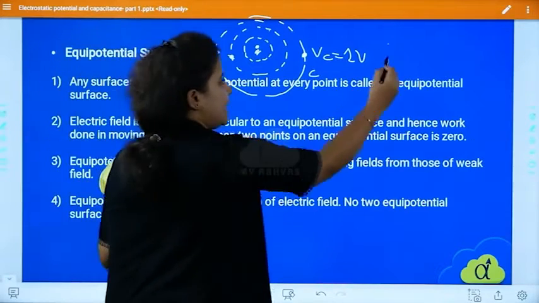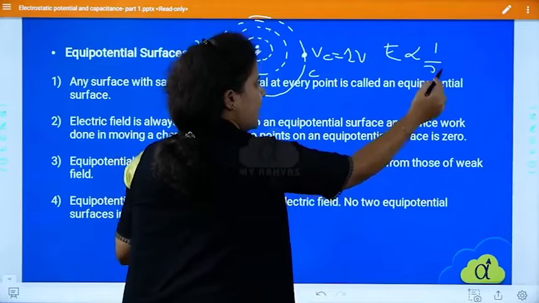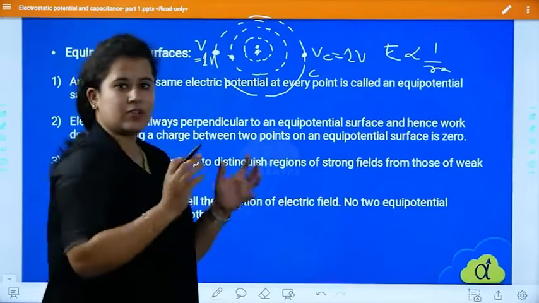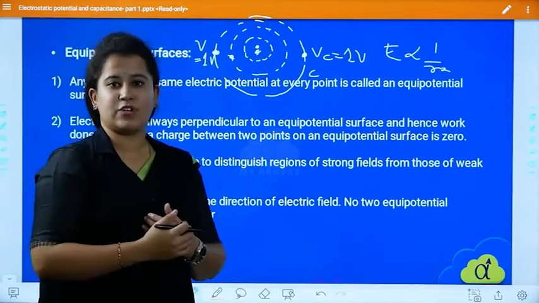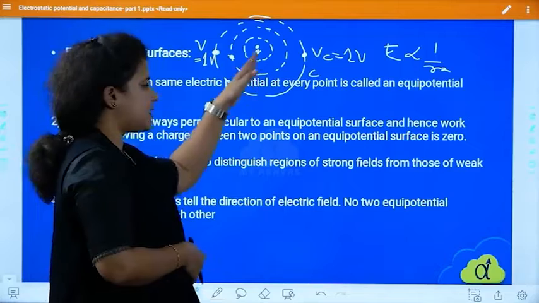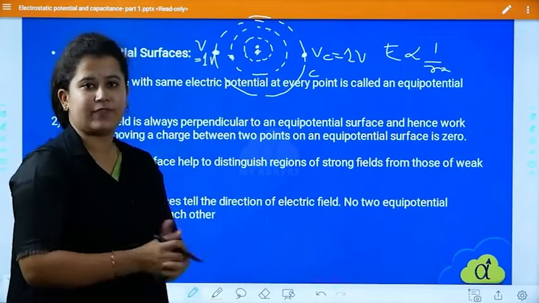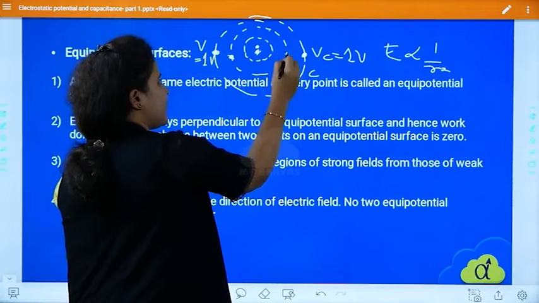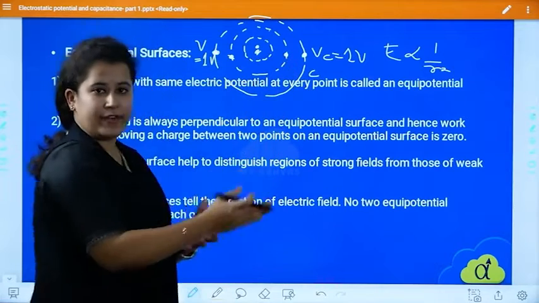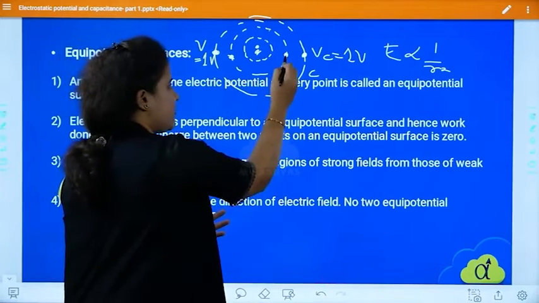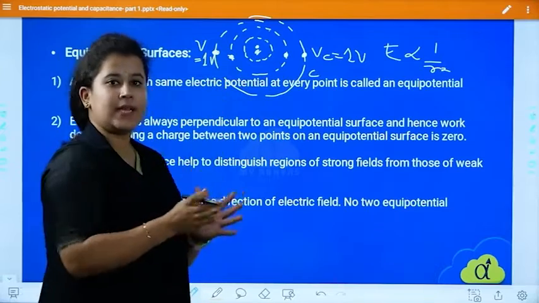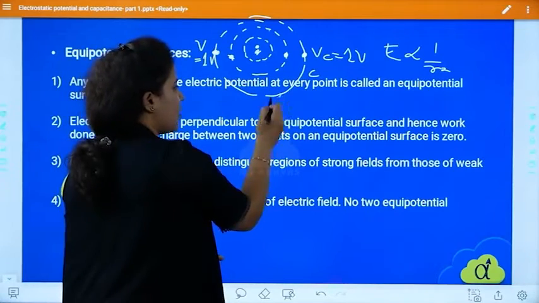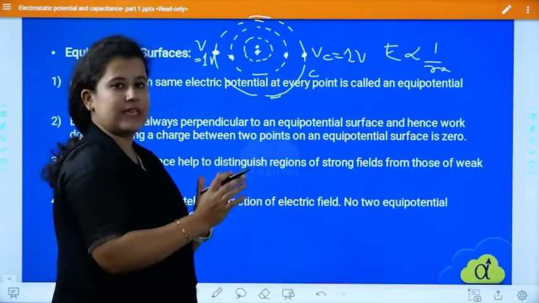We know that E is proportional to 1 by r square, right? So if the distance decreases, the electric field varies. So on this surface the potential will be different, but on this surface the potential will be the same, though not the same as the C orbit.